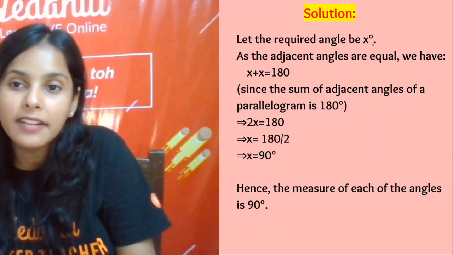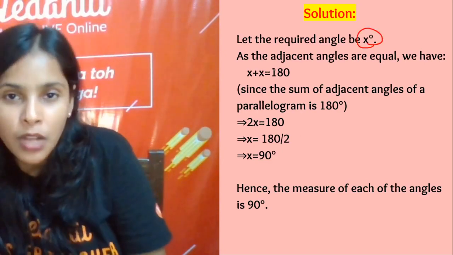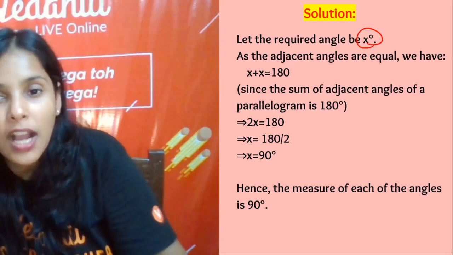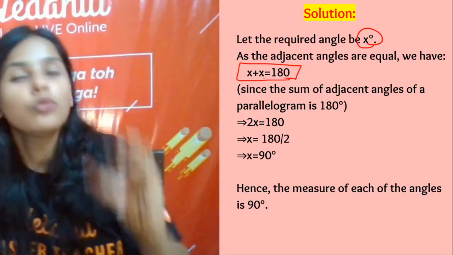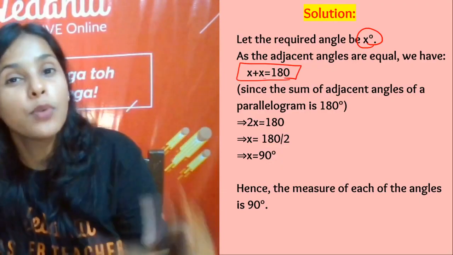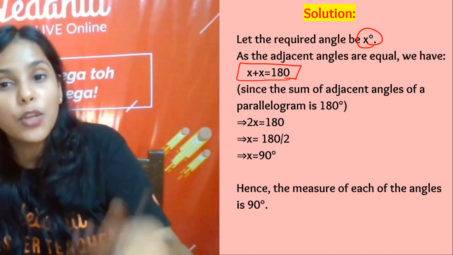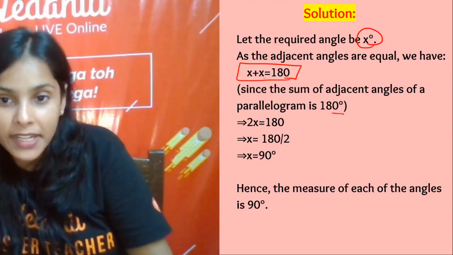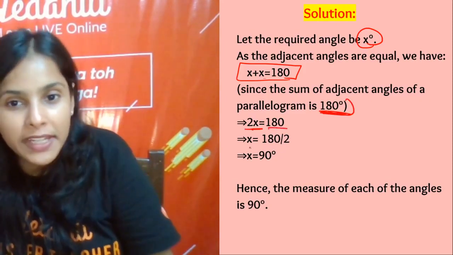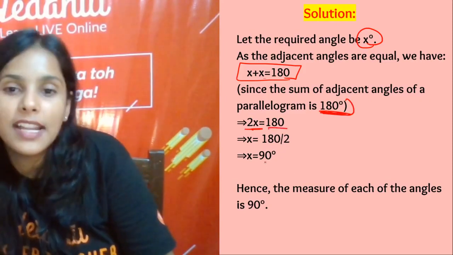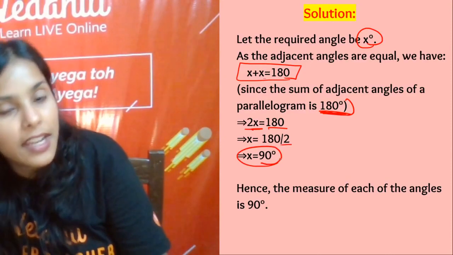So let the required angle be x degrees. Now the adjacent angle will also be x, because they are equal, and the sum of adjacent angles is 180, so x plus x degrees is 180 degrees. So we know that the sum of adjacent angles of the parallelogram is 180 degrees. Now x plus x, 2x, is equal to 180. Taking this 2 to the right hand side, 180 degrees upon 2, so x will be equal to 90 degrees.